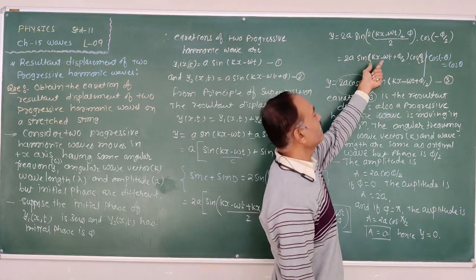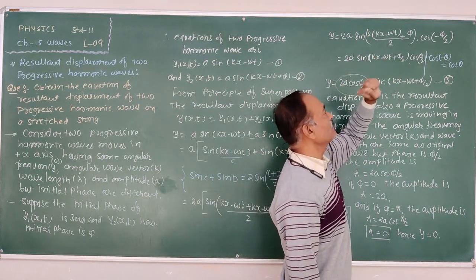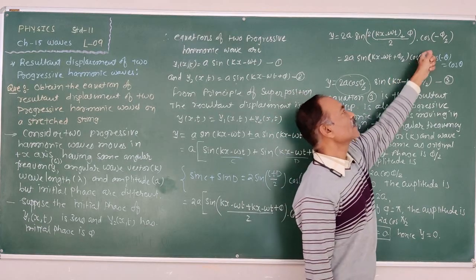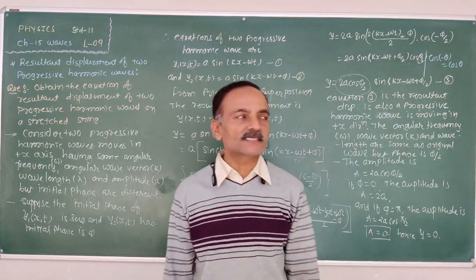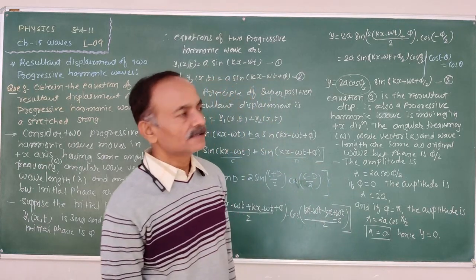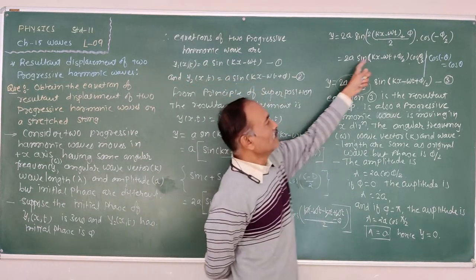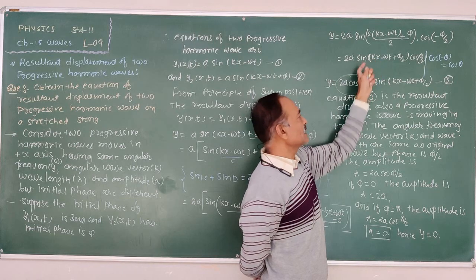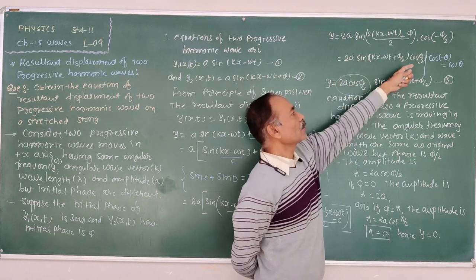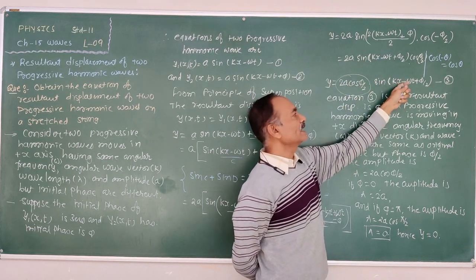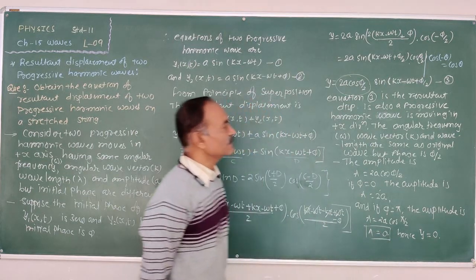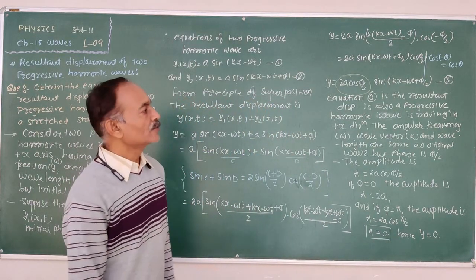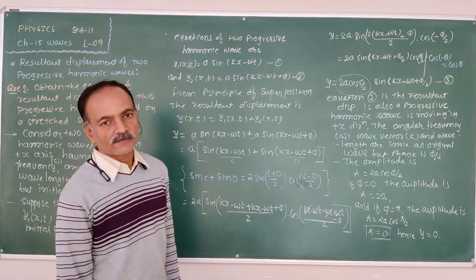Now 2a sin(kx minus omega t plus phi by 2) into cos phi by 2, because we know that cos minus theta is equal to cos theta. So we have the equation in this form: y is equal to 2a cos phi by 2 sin(kx minus omega t plus phi by 2). That is the resultant displacement of two progressive harmonic waves.